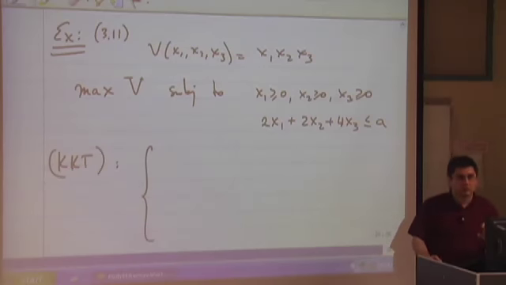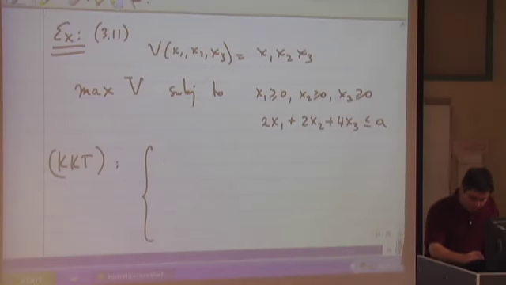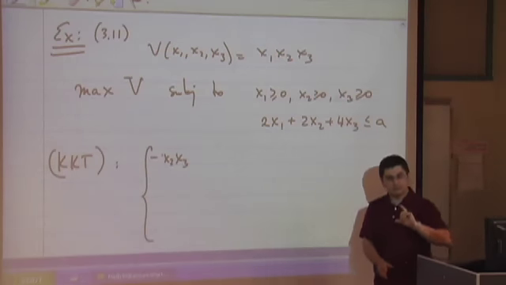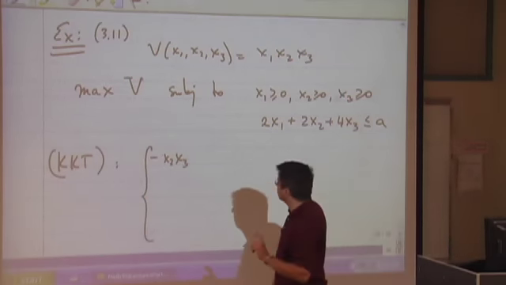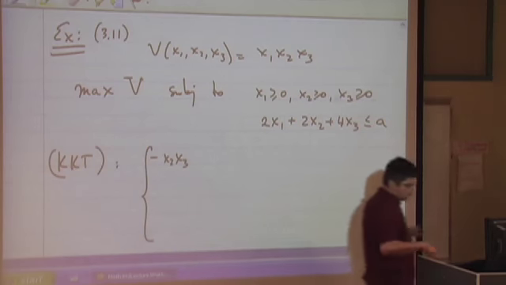First, gradients, right? So the partial derivative of v with respect to x1 is going to be what? x2 x3, but it's negative because it's a maximization problem. So I have minus that.